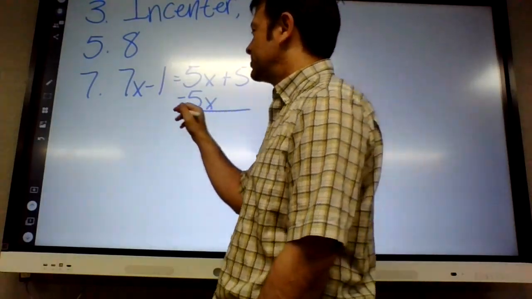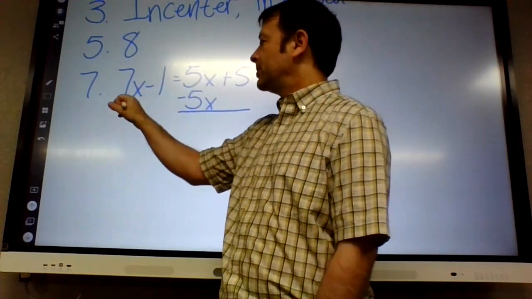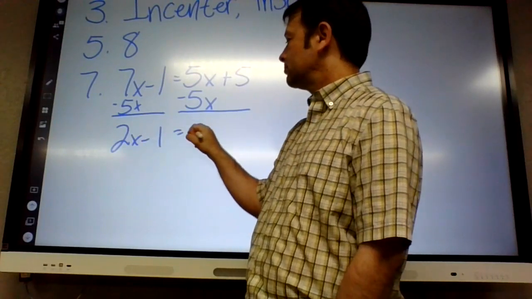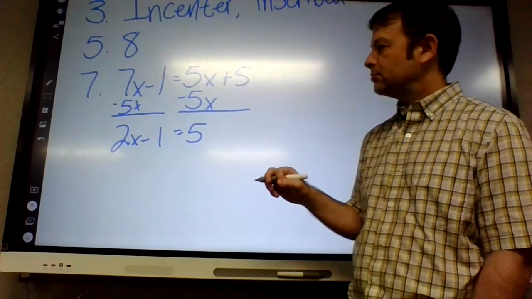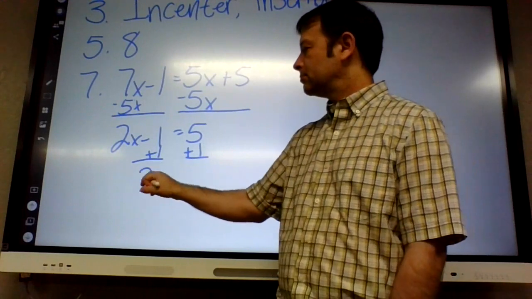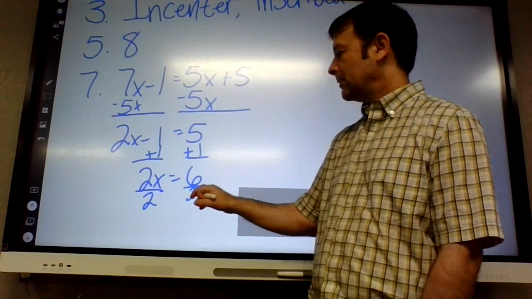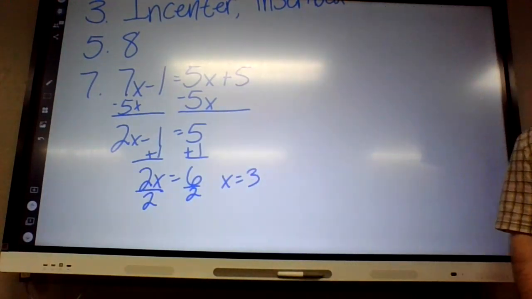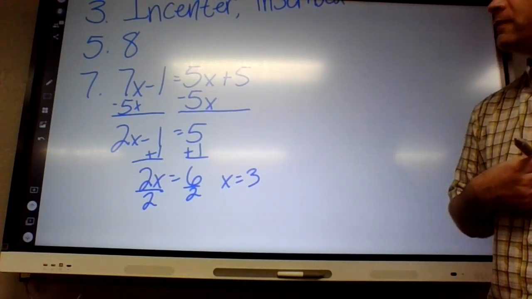So if you minus 5X on this side, it'll be minus 5X on this side. And then you have to get the non-x number on the other side, so you add 1. So X is 3. That's not our final answer.